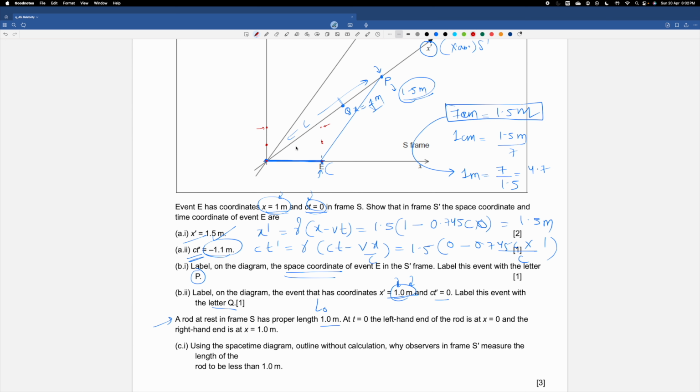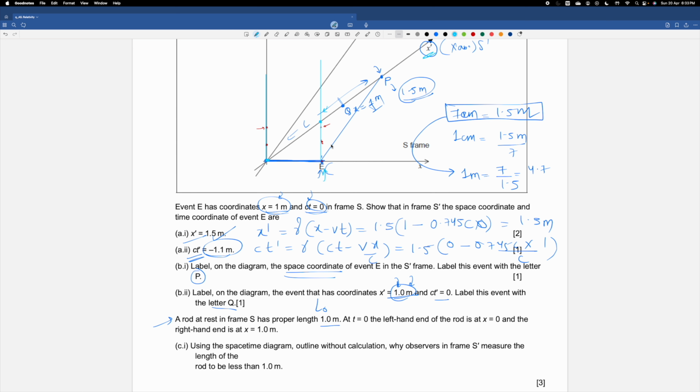That means the possible coordinates are going to give you a world line which is going to be perpendicular to your time axis, right? Now, the point where this vertical line that you've drawn from the event E intersects the x prime axis is where you are going to get the other end, because the initial end is obviously at the origin, and the other end will be the point of intersection.